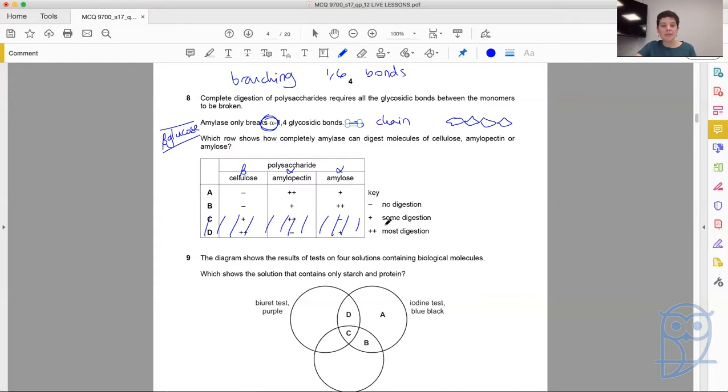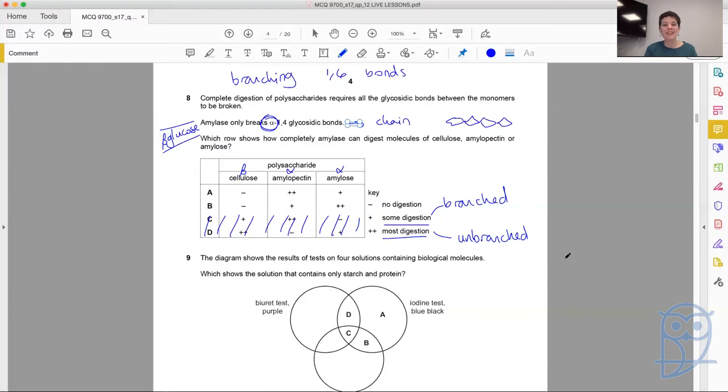Which one is some digestion and which one is most digestion? In other words, some digestion will be our branched molecule and most digestion will be our unbranched molecule. Because our unbranched will only have 1,4, whereas our branched will have 1,4 and 1,6, and those 1,6s won't be broken.